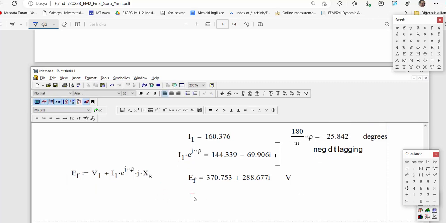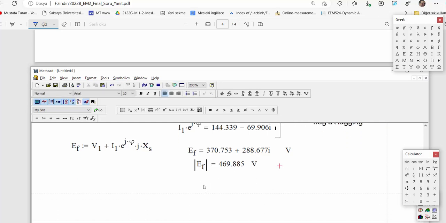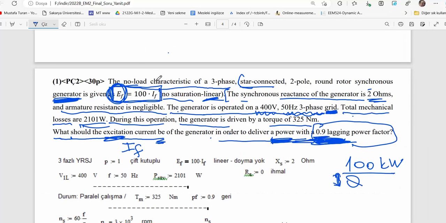But we need a magnitude, the RMS value, so we take the absolute value. That is the magnitude of the EMF. We need a field current. Field current is EF over 100. It is already given here.